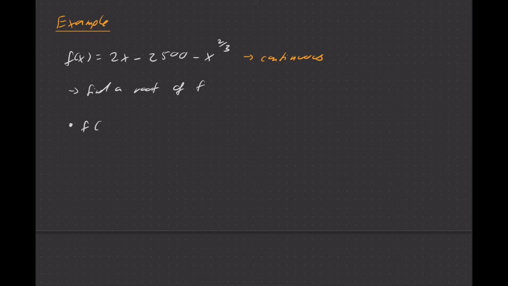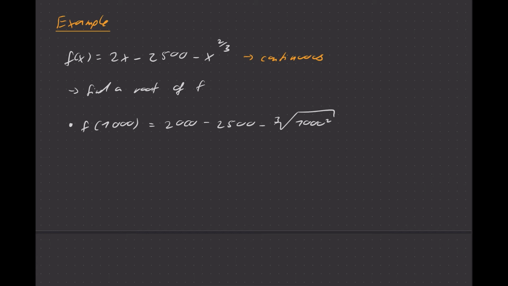And for that purpose, we'll just have a look at more or less arbitrary function values that we suspect might contain a root. We'll start by computing f of 1000. And you can see this is 2000 minus 2500. That's negative already. Minus the third root of 1000 squared.